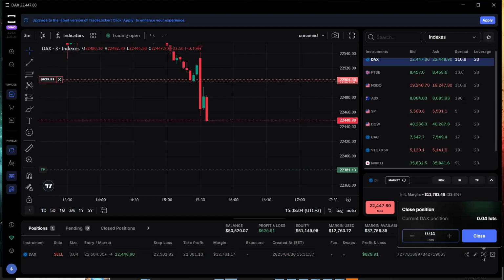Okay, so I'm going to close 75% of this trade if we can push to 800 right now. So here you see 0.04, that's the current running position. Rather 75% of the trade will be 0.03.